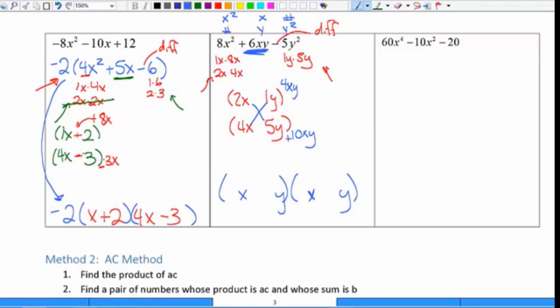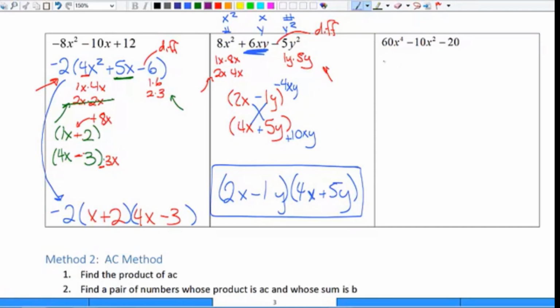Sure I can. A positive 10 and a negative 4, and the signs just fall right in. So I get 2x minus 1y and 4x plus 5y in the first try. If you follow my rules of starting at the bottom of your list first, and also not putting two terms next to each other that have common factors, you'll get your answer quicker.